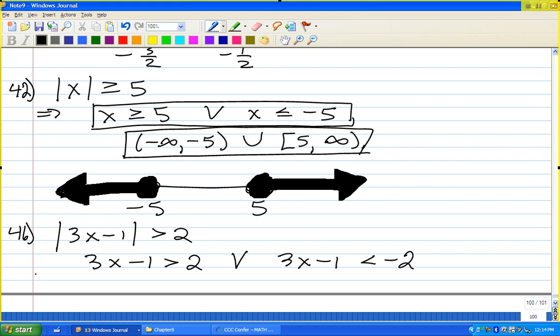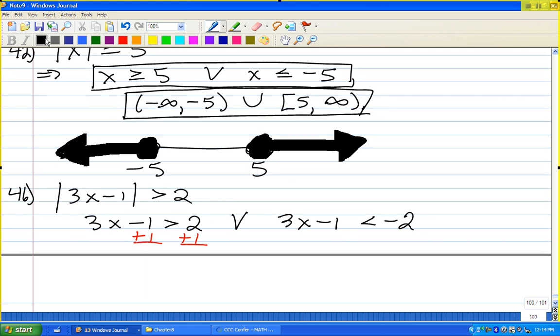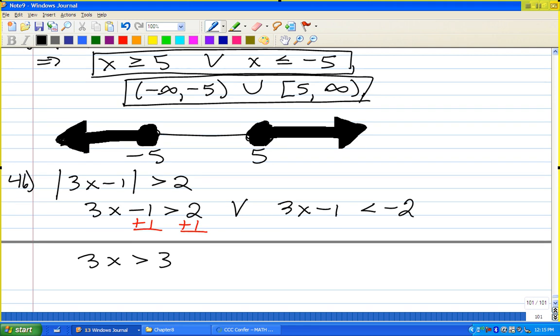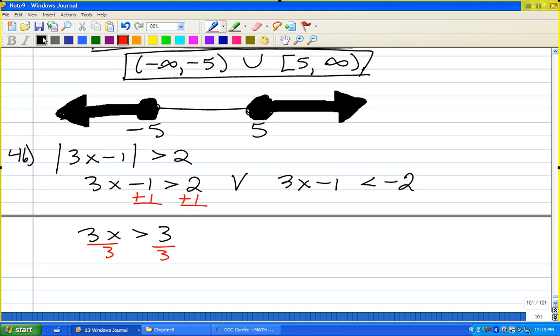I'm going to have to solve each of these individually. Let's add 1 to both sides of my inequality. And so I get 3x is greater than 3. Divide both sides by 3. And so x is greater than 1.